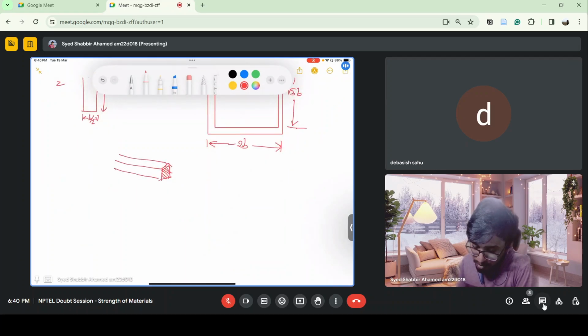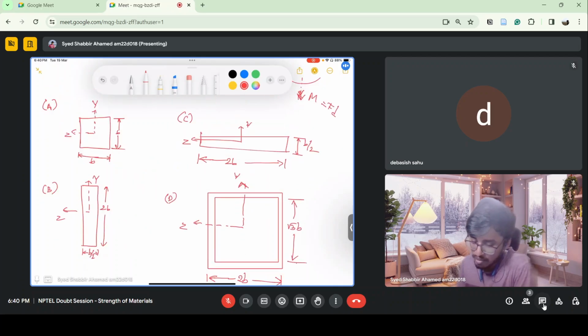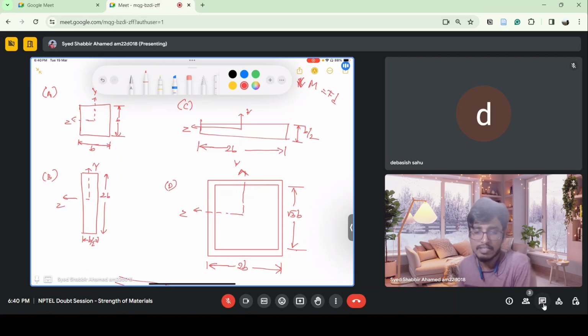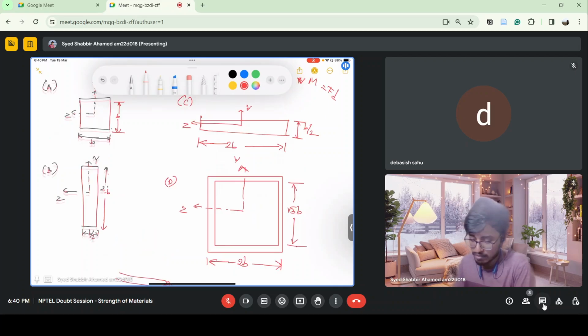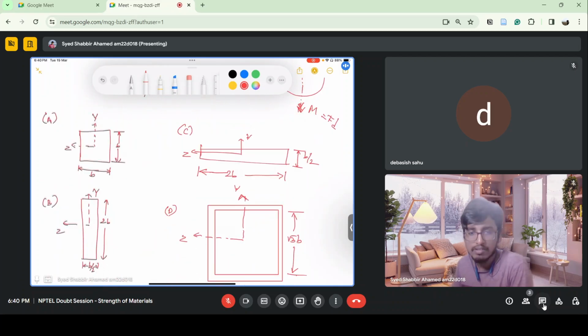Because we have seen that axial force is constant across the cross section, axial stress is constant across the cross section. It doesn't vary. So regardless of whichever section you use, the axial stress which is transmitted is same. Axial stress is same on every cross section.